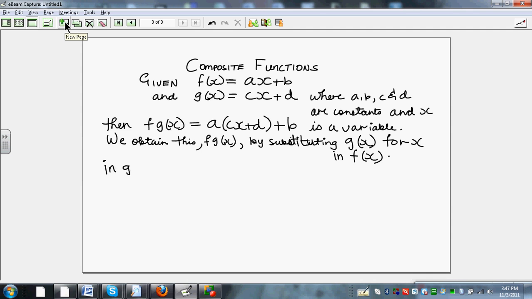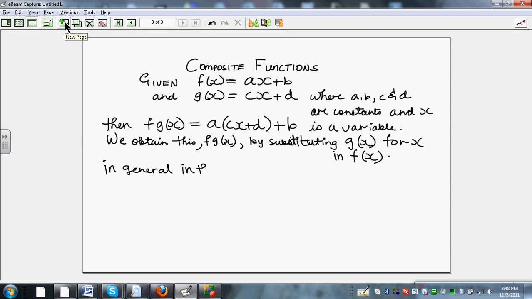In general, you may not have the function fg of x. You may have different functions. You may start off with h of x and k of x. So in general, we have a way of expressing it.